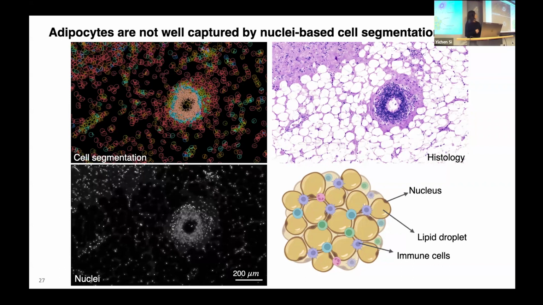So on the top left is the 10x cell segmentation based analysis. So you can see clearly for adipose tissue, the cell segmentation is kind of misleading. And indeed, at the bottom, we show the nuclear staining. The nuclear staining in this region is sparse and does not really recapitulate the histology.